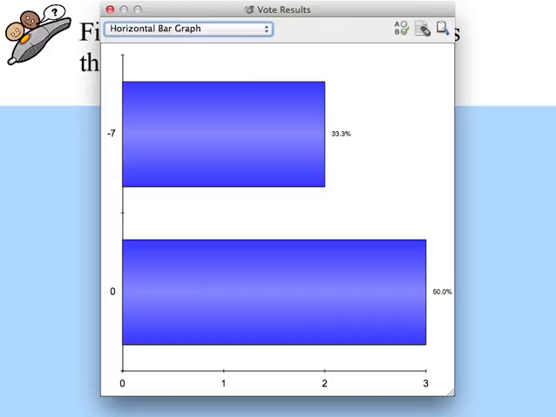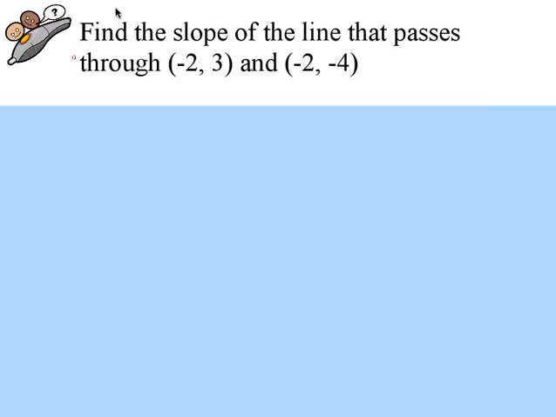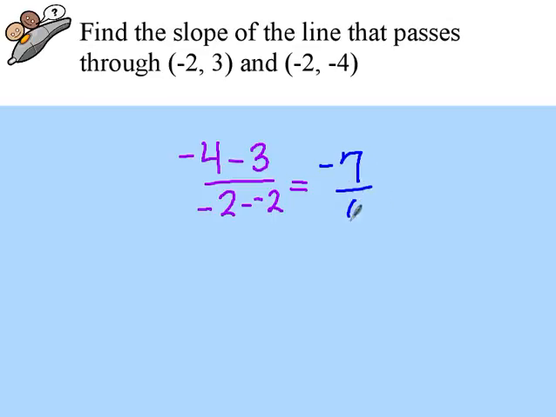Wow. So what'd you get on the top? Negative 4 minus 3, right? What'd you get on the bottom? Negative 2 minus negative 2. So let's calculate this. What was negative 4 minus 3? Negative 7. Okay, so far so good. What about on the bottom? What'd you get? 0.